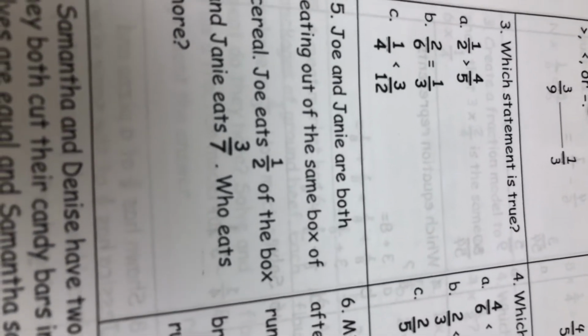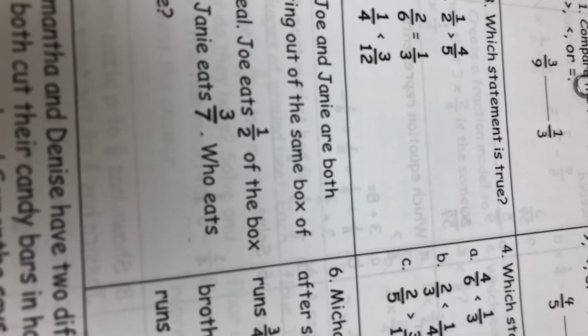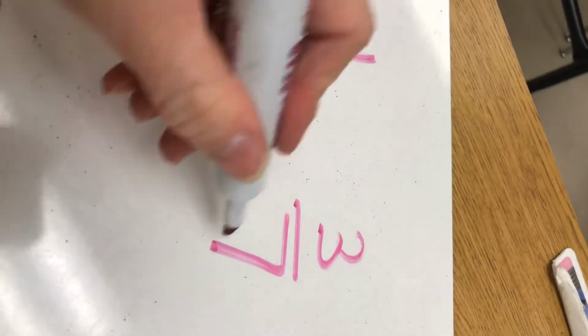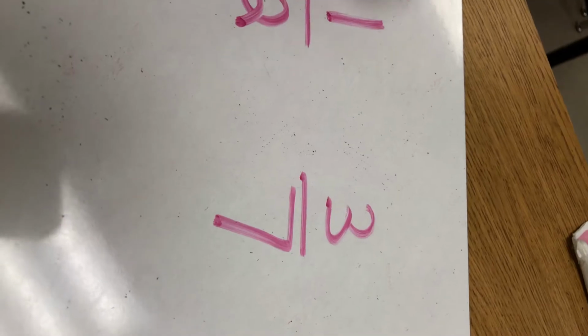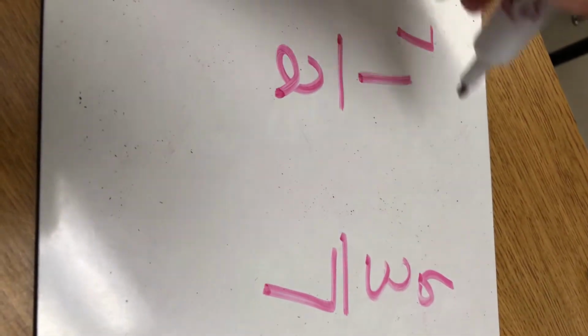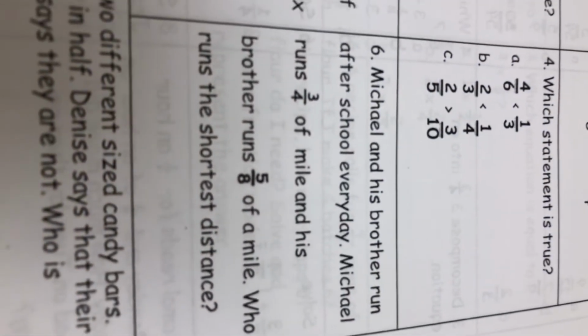So we need the bigger fraction. So we're going to end up comparing 1/2 and 3/7. So 7 times 1 is 7 and 2 times 3 is 6. So we see that 7 is larger than 6, so 1/2 is greater than 3/7. Take a look at the next one.